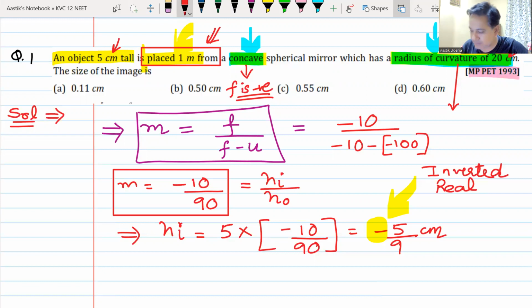Now tell me, do you have any doubts on this? No, sir. Everyone, please note it down because in the next question you will have to do with your own small hands.